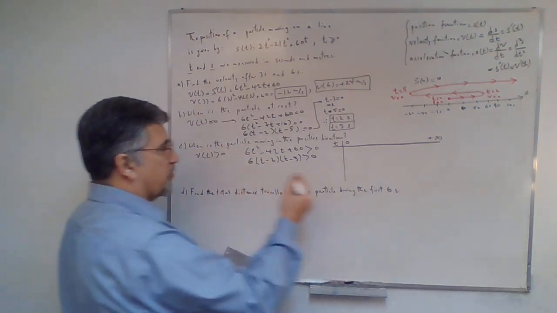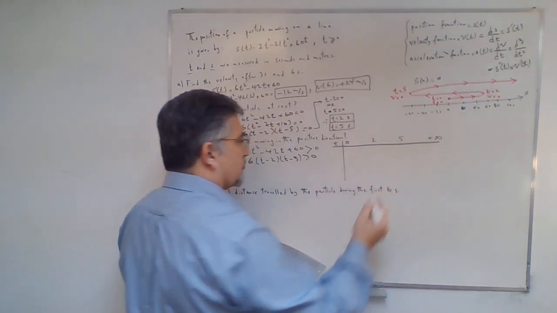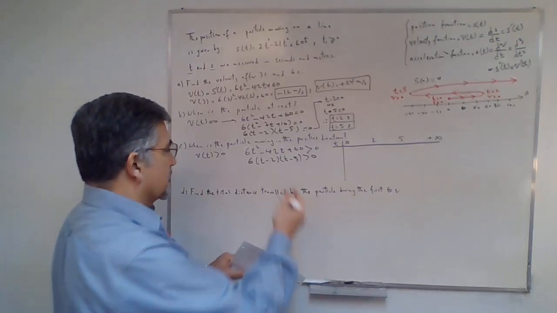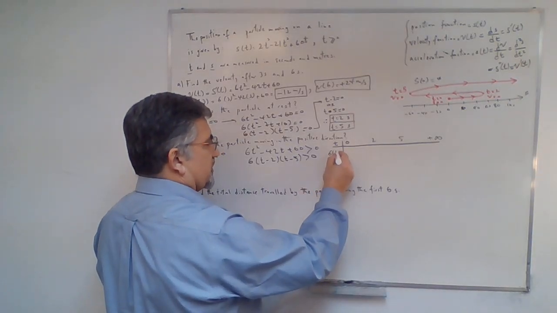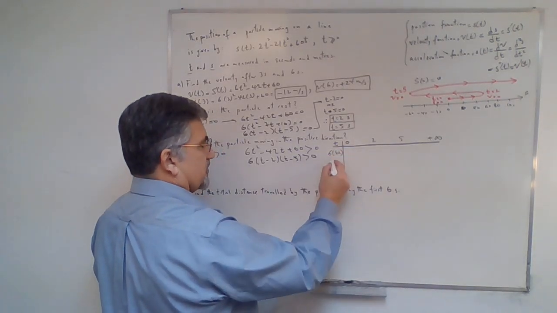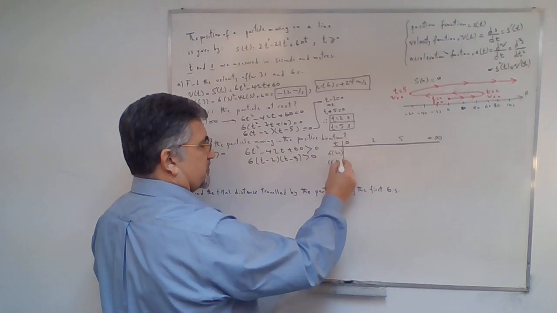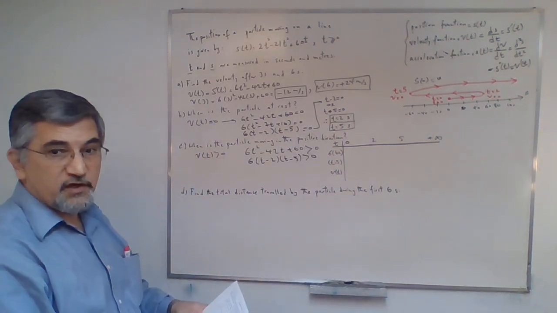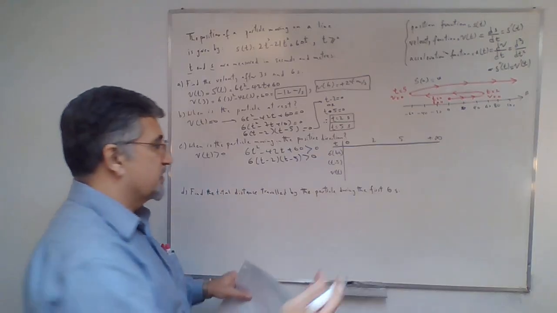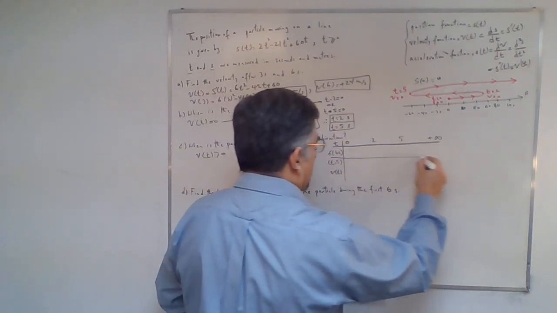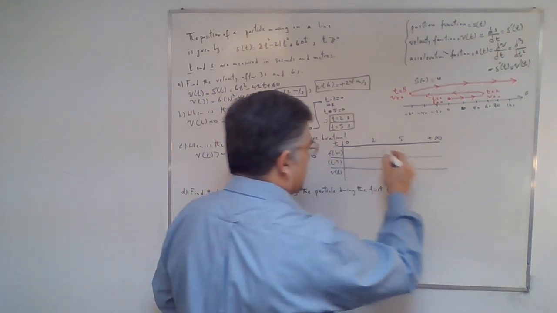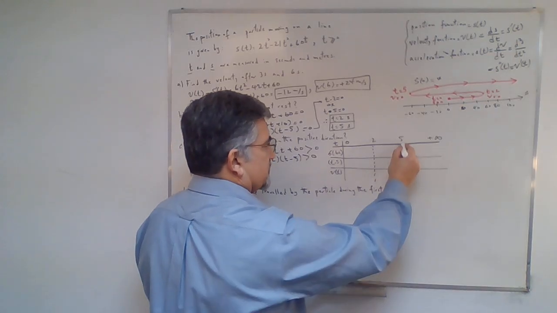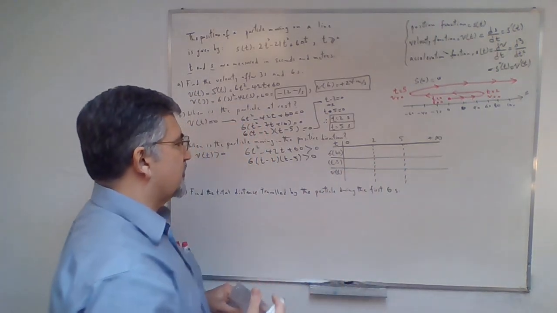And we had 2 points, 2 and 5, where velocity was 0. 6 times (t minus 2) was one factor, (t minus 5) was the other factor, and v of t, velocity, is what we are interested in. We're interested in the sign of v of t.